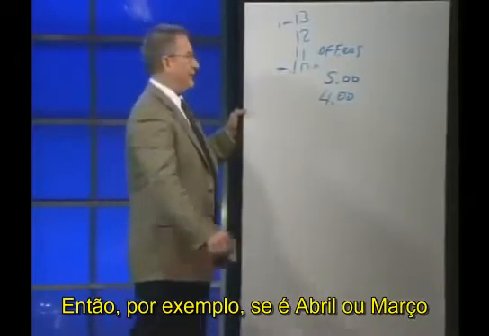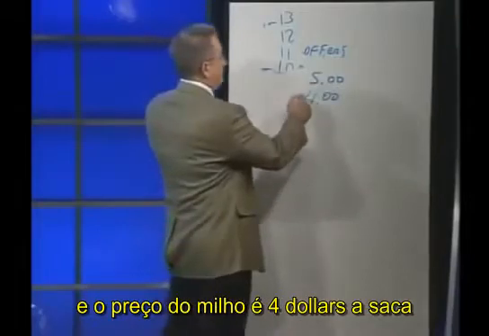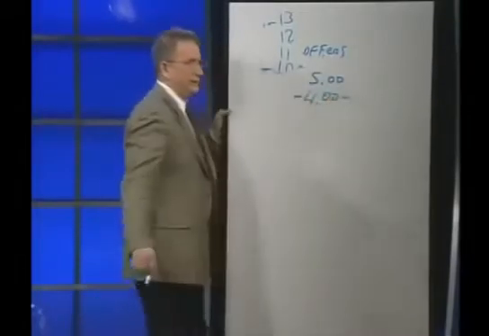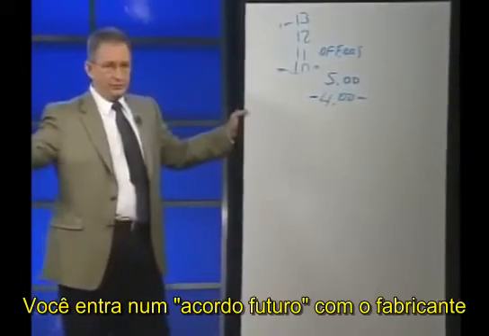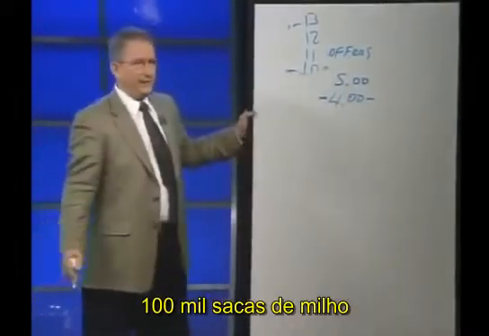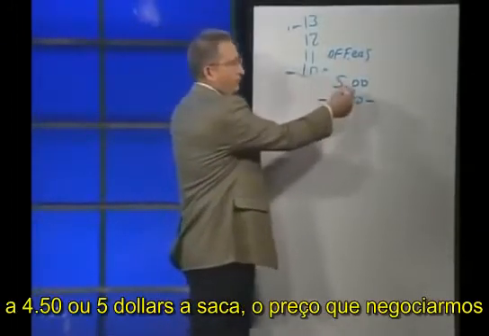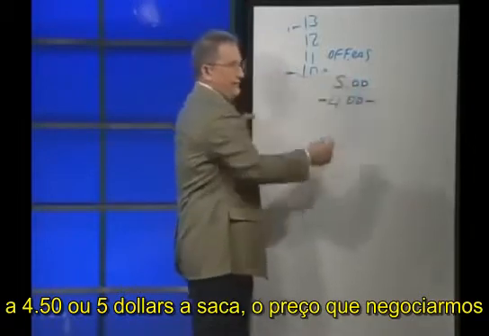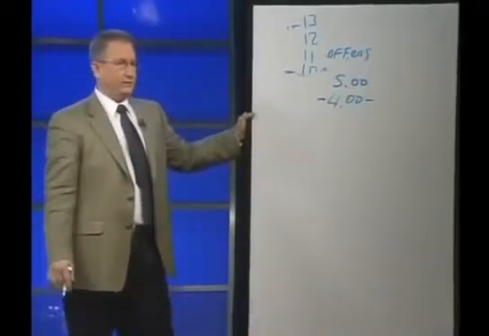So what ends up happening is that if, let's say, it's April or March, and the price of corn is $4 a bushel, you enter into a forward agreement with the end user, and they say, hey, I will deliver 100,000 bushels of corn at, say, $5 a bushel, or whatever price they agree on, regardless of what the price of corn is in the fall.